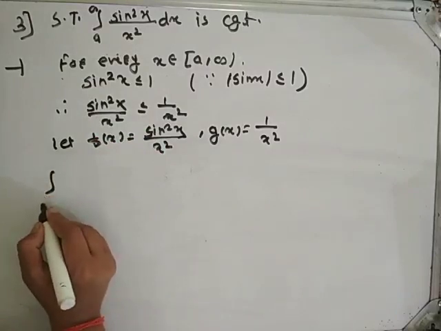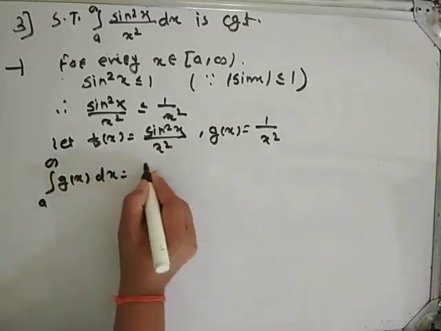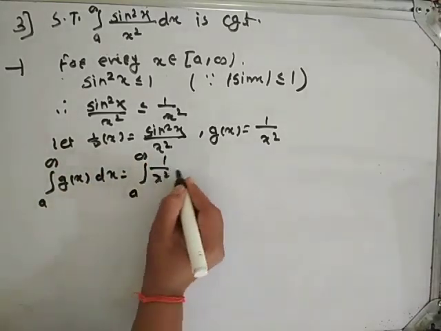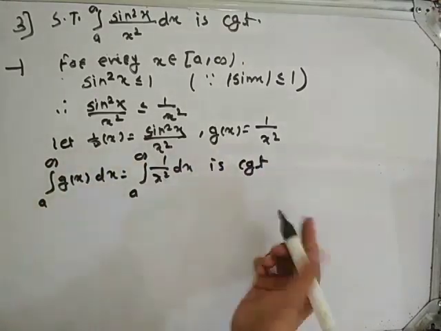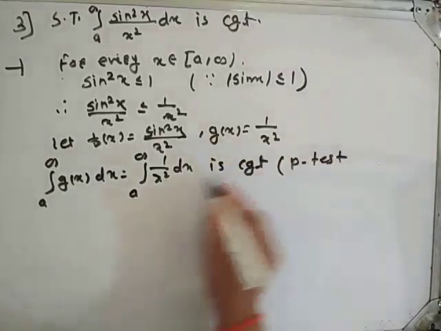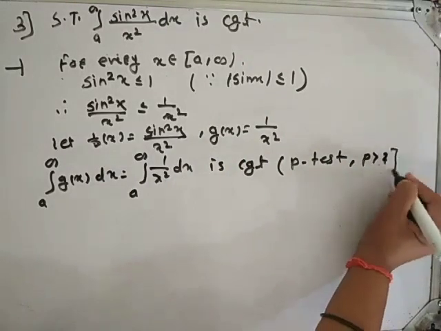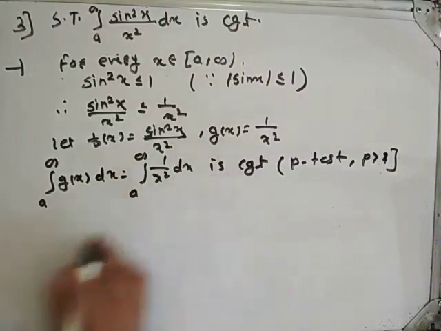Integration from a to infinity g of x dx is equal to integration from a to infinity 1 upon x square dx, which is convergent. Obviously, this is by the p test, because here p is greater than 1. p is equal to 2, which is greater than 1.